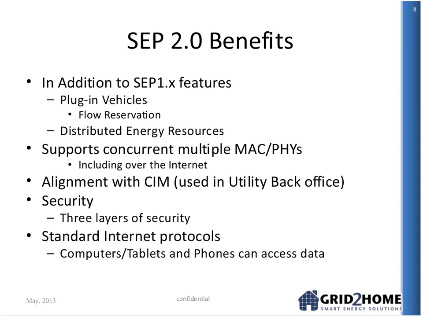Security has been vastly improved. There are now 3 layers of security in the system. And going standards-based internet protocols allows you to use devices that we commonly use today to interface and get information, such as your computer, your tablets, your smartphones in your pocket.